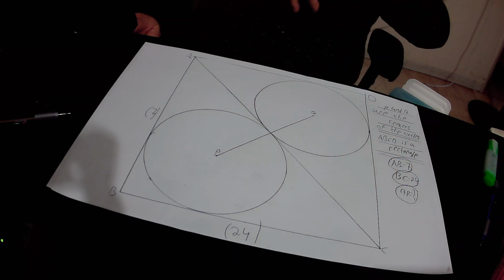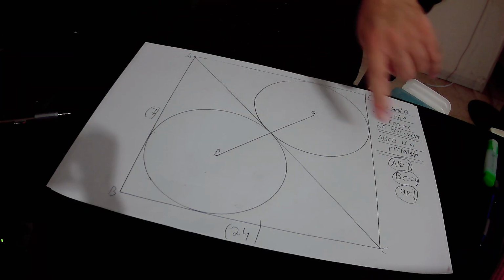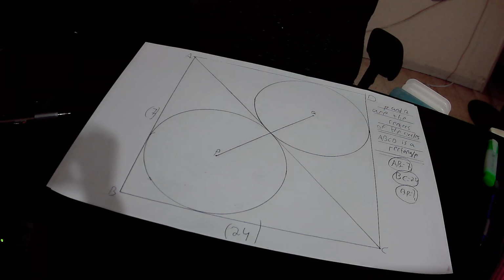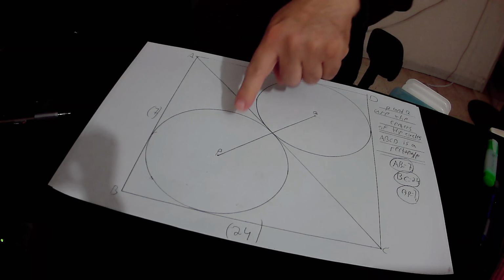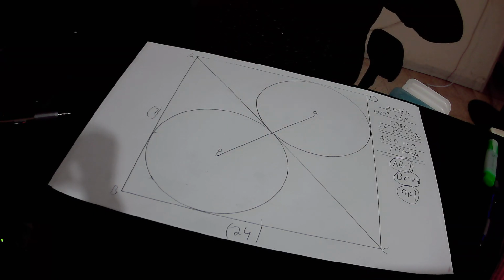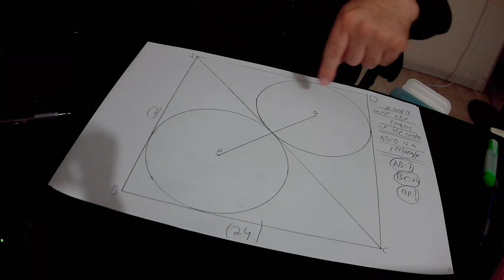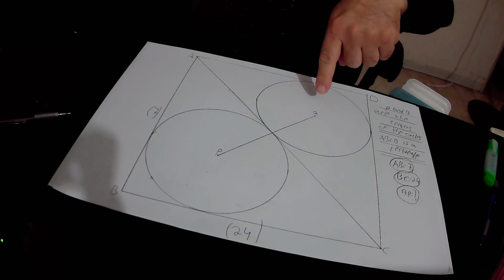In addition, we know that inside this rectangle we have those two circles, and the center of this circle is here at point Q. The center of this circle is here at point P, and our mission is to find out the distance between the centers of those two circles, that is to say, the length of line segment QP.